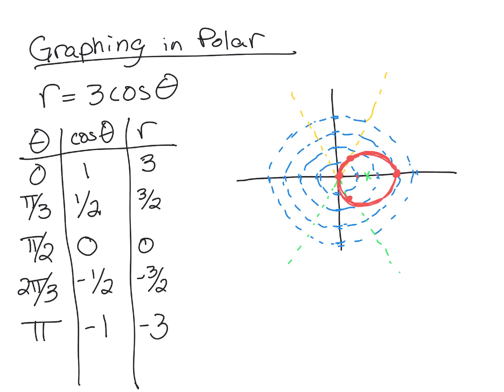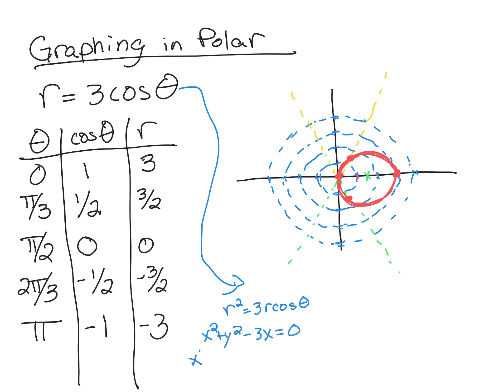To show that that's the way it is, I can take this equation right here and I can multiply both sides by r. R squared is x squared plus y squared. I'm going to move the 3, r cosine theta is x. X squared minus 3x.